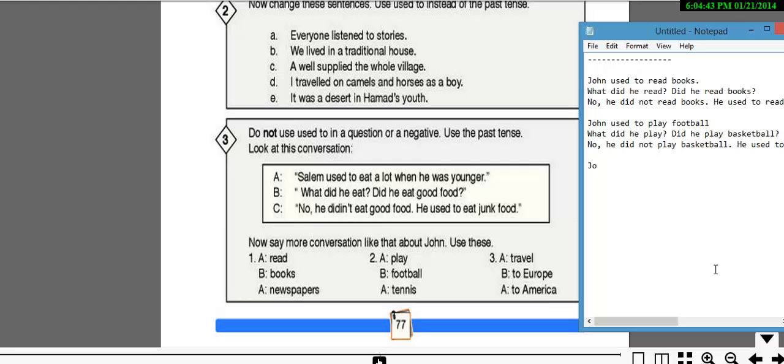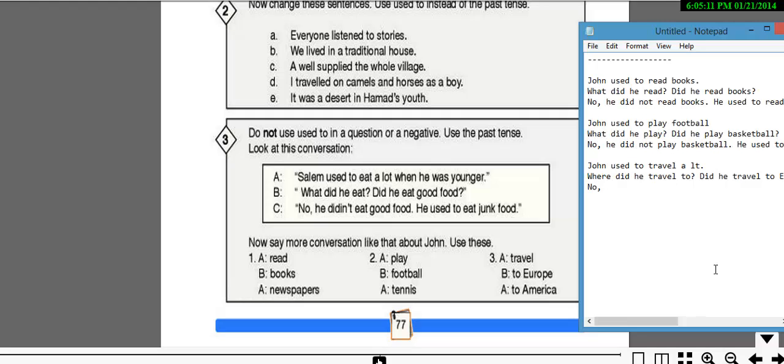John used to travel a lot, but then you can say, where did he travel to? Did he travel to Europe?